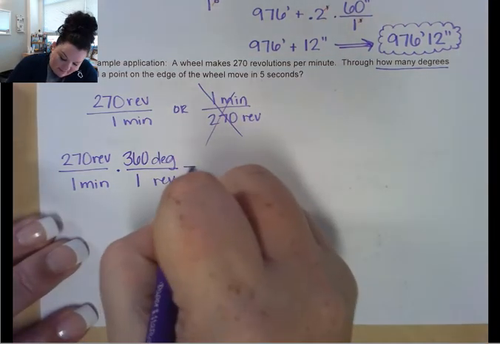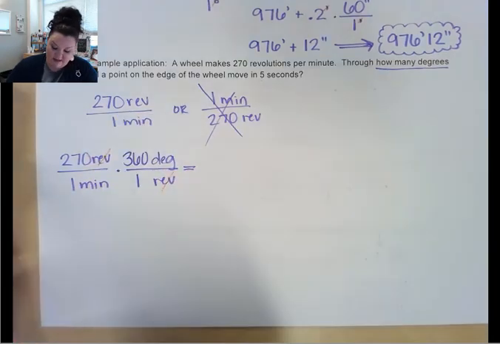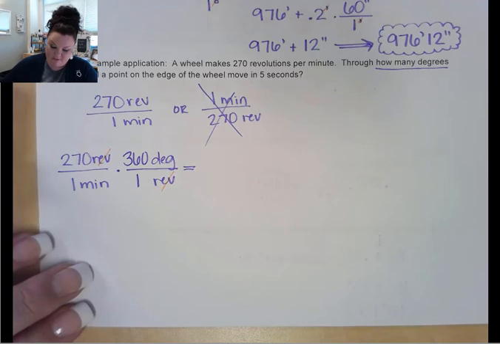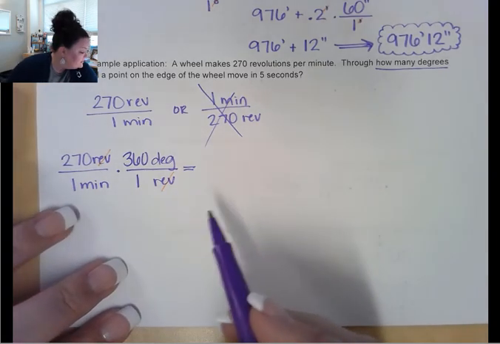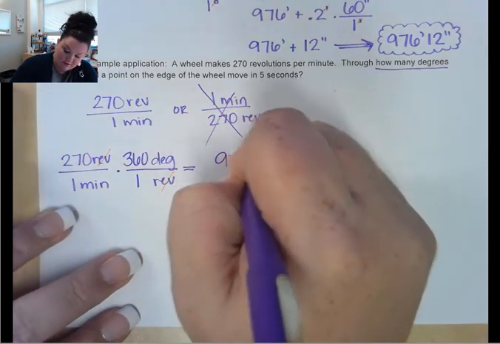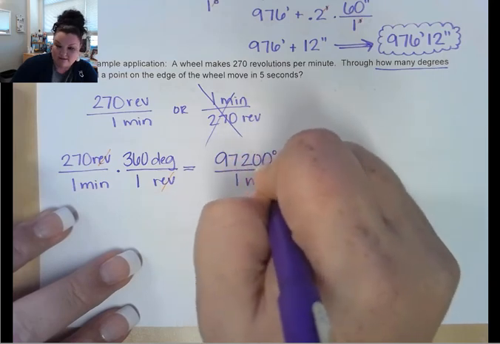Let's go ahead and multiply that. Notice my revolutions cancel, and I'm left with degrees per minute. When I multiply 270 and 360, I get 97,200 degrees per minute.